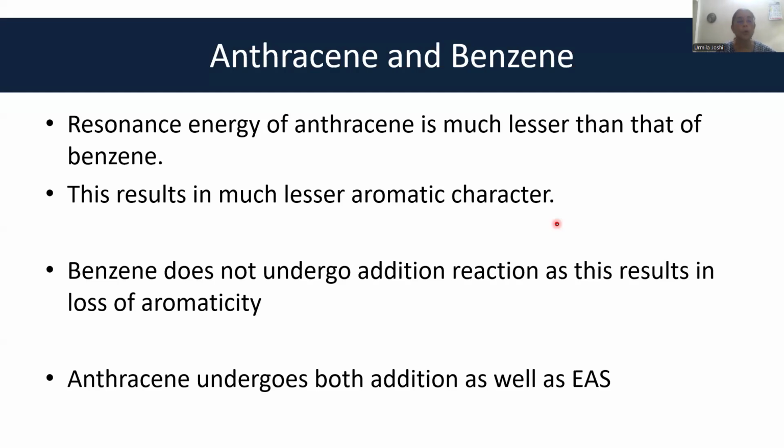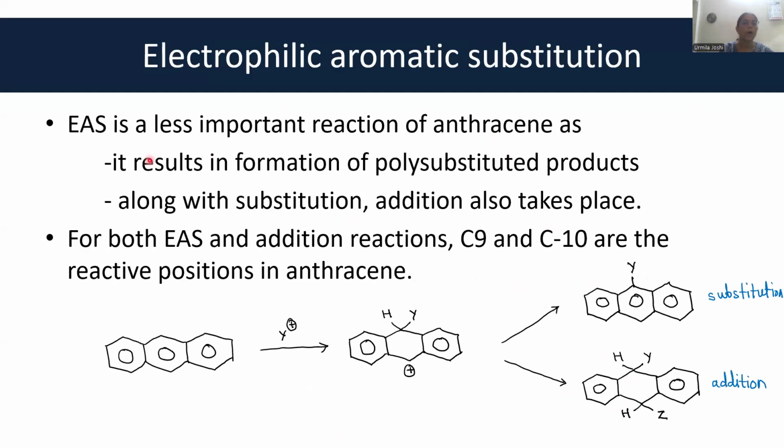Anthracene undergoes both addition as well as electrophilic aromatic substitution because the aromatic character of anthracene is lesser than benzene. And an additional thing, electrophilic aromatic substitution was so important in case of benzene, important in case of naphthalene, but it is less important in case of anthracene.